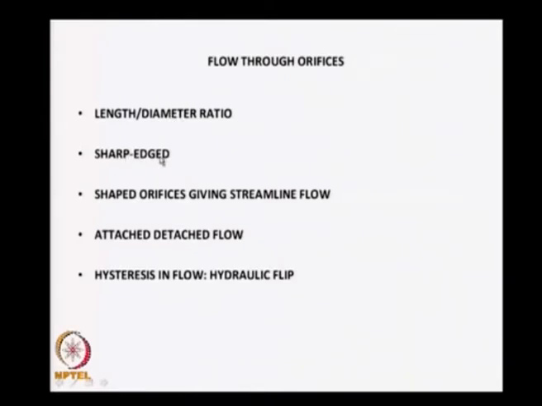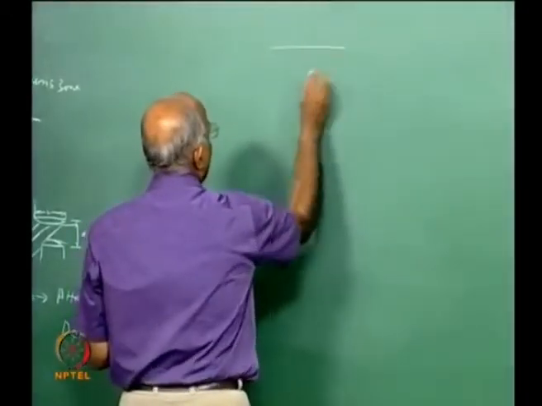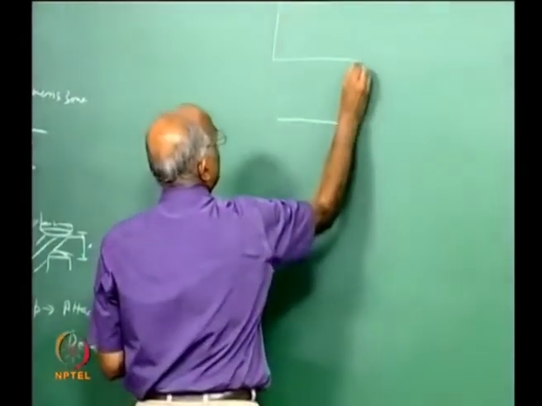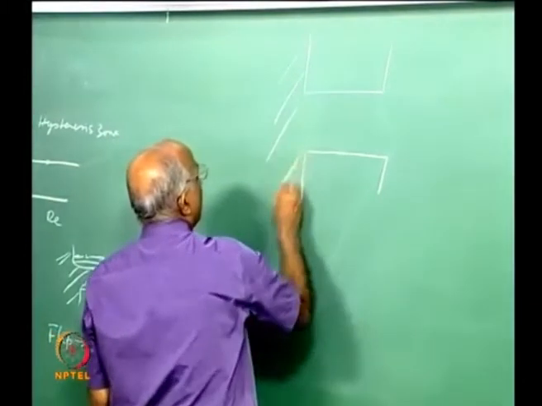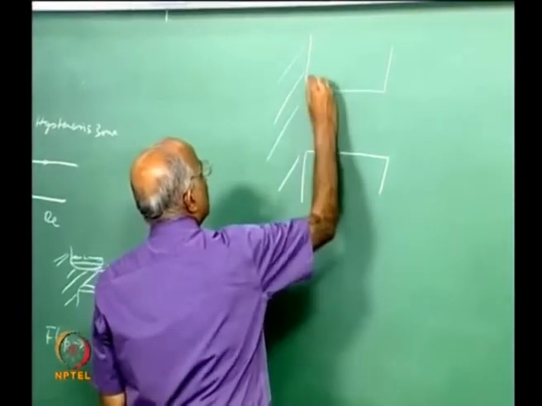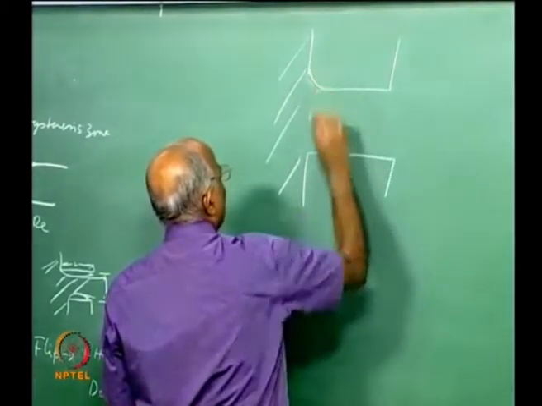The question is, you go to the market and you want to buy a shower head for bathing. People say, why not make orifices like this? This is the manifold. Why not make the orifice smooth, streamline it along the flow?